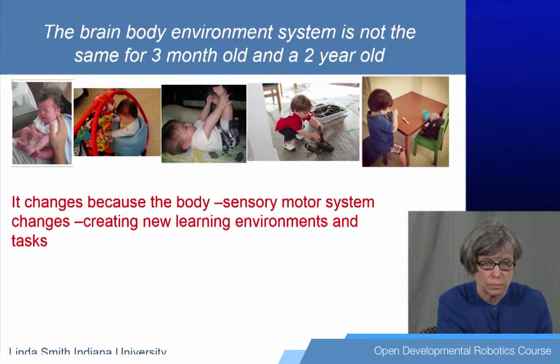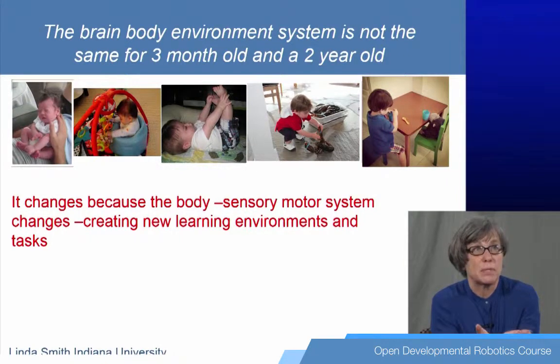So the first point I want to make is that the brain-body environment system, that figure that Randy Beer made, is not the same system for a 3-month-old and a 2-year-old.